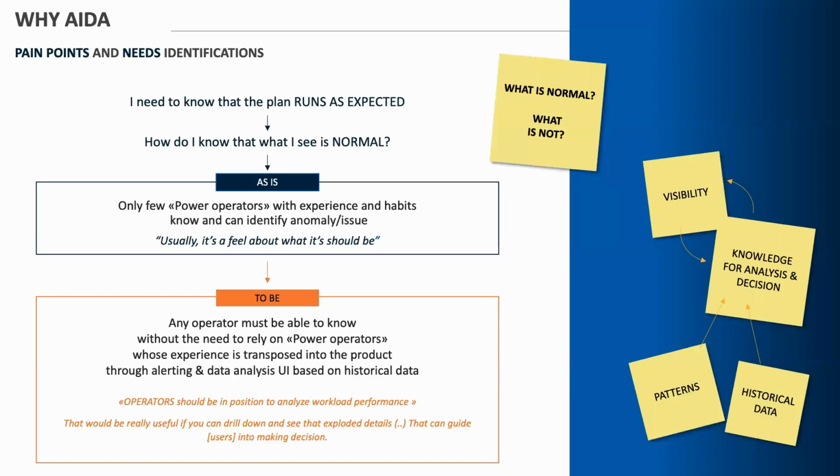So basically, what is the pain point of this kind of operational scenario? To understand if the plan is executing as expected, if what you see is normal, you normally need those people that are called power operators. So the people that have a strong, deep experience on the products, and know how to identify anomalies and issues.